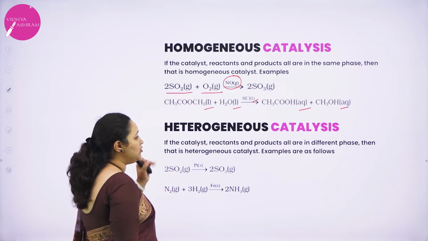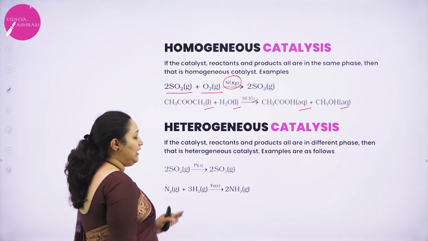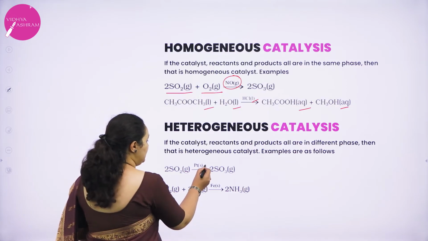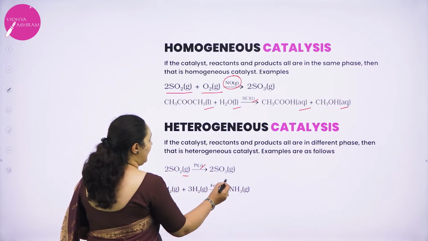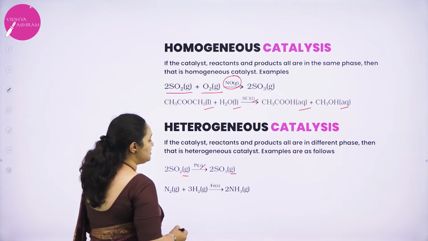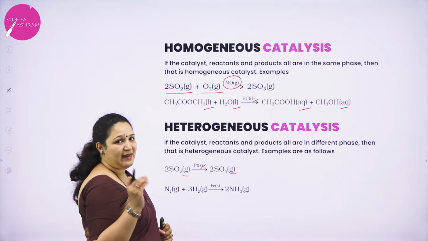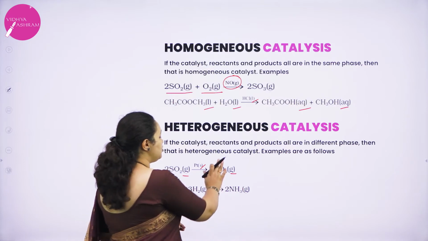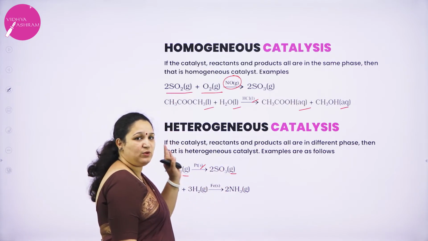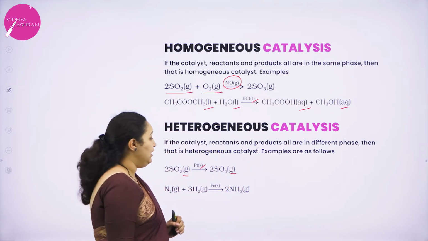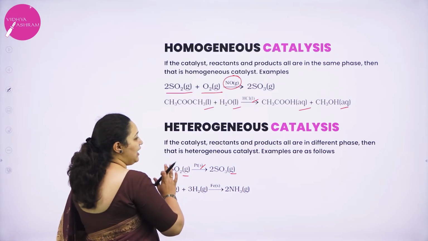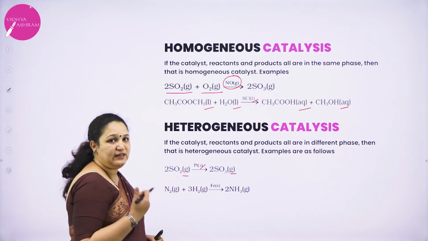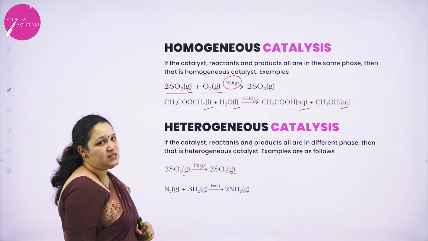Next is heterogeneous catalysis. If the catalyst and the reactants, especially the reactants and the catalyst, you don't have to bother too much about the products, are in different phases, then we call it heterogeneous catalysis.